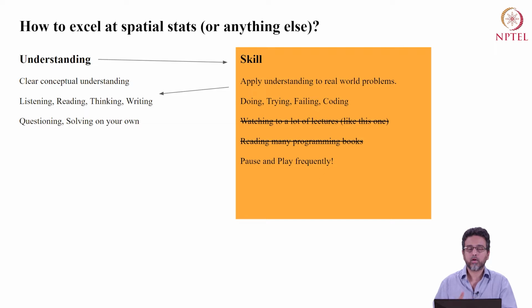And the more you program, the more you try things on your own, the more mistakes you make, the more times you fix them and go back to trying again, the more you play with the code and think about the results you're seeing, that should hopefully clarify your conceptual understanding of the subject.